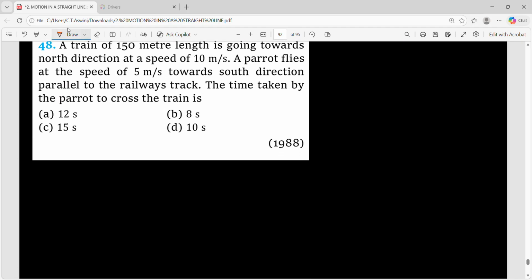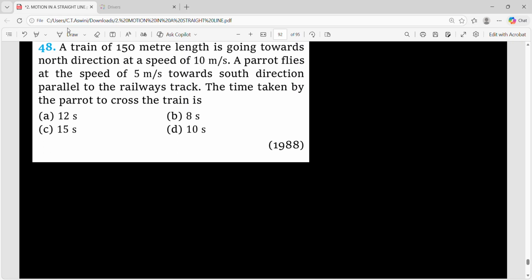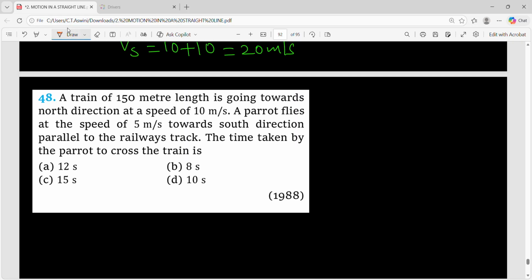Go through this problem. A train of 150-meter length is going towards the north direction. So the train is moving in the north direction, and what is the length of this train? This is 150 meters.